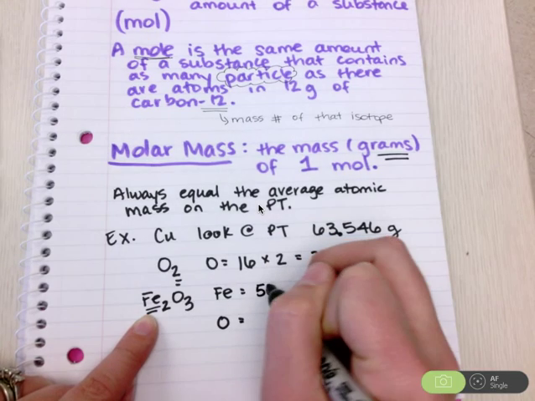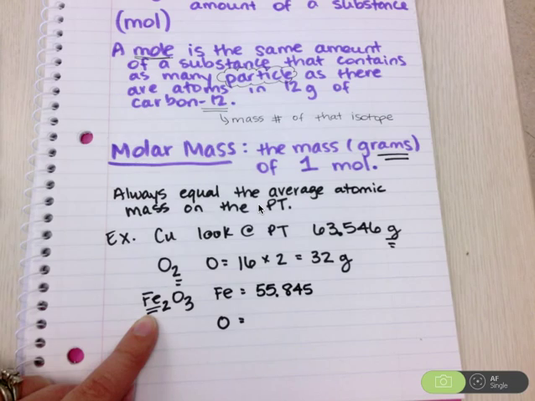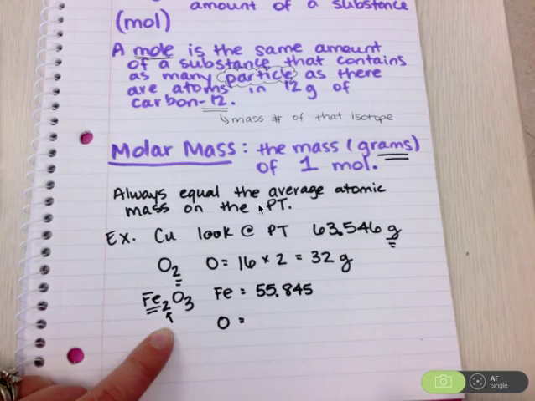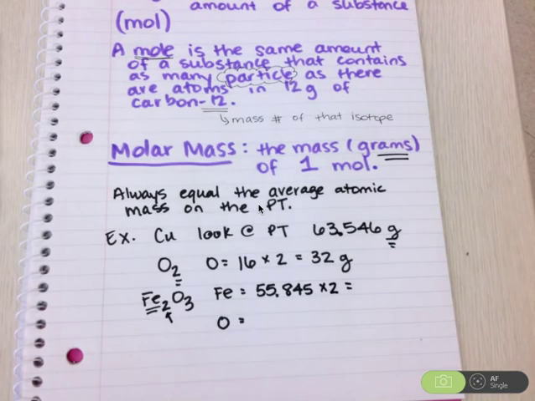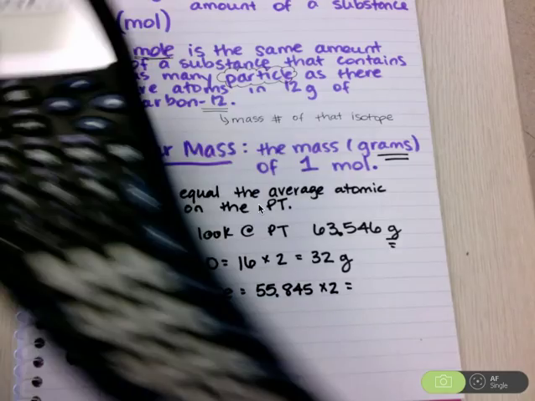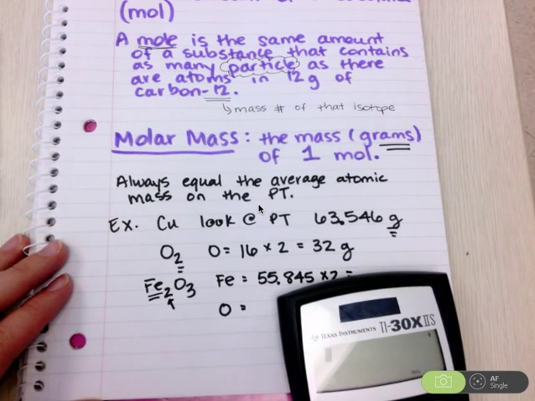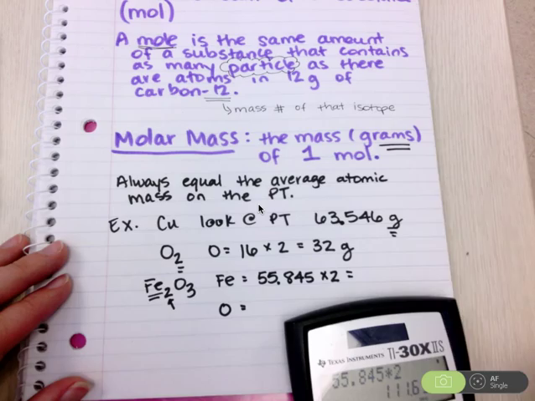The mass says 55.845. And I have 2 of them, so I need to multiply times 2. I'm going to take my handy dandy calculator, and I'm going to type in 55.845 times 2. Gives me 111.69.